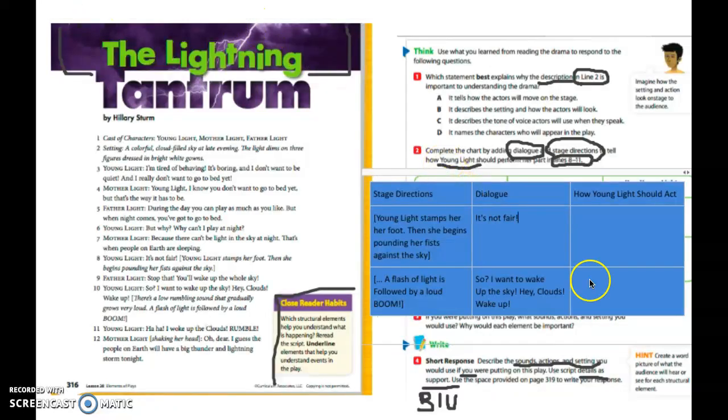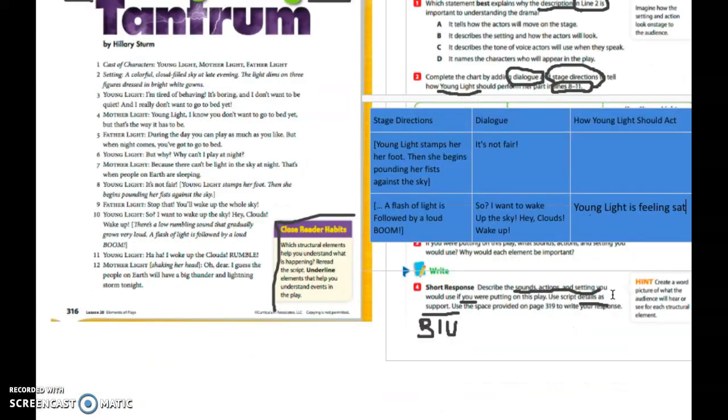So when thinking about the actions, here it says, I want to wake up the clouds. Hey, clouds, wake up. So Young Light is feeling satisfied with her actions.